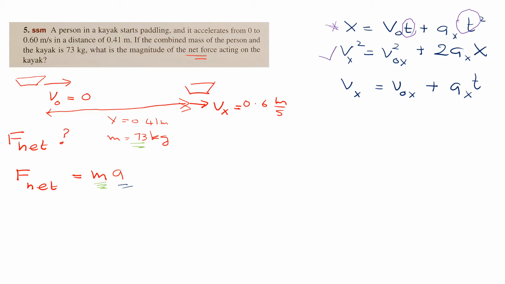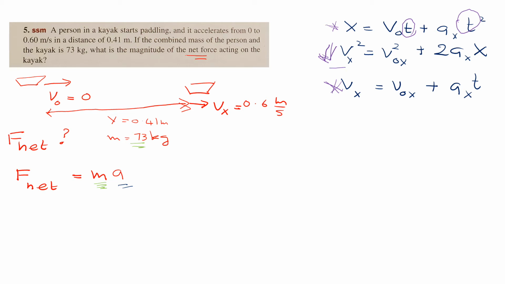How about this one? Vx we know, 0.6, and the initial speed is given. Acceleration along x direction we don't know, and that's what we want to calculate. But it has time, which means we can't use this equation. So we end up with just one equation to use.